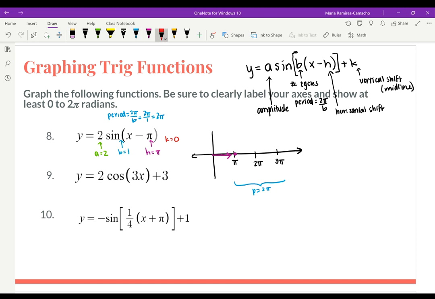The midline is at 0, so we're not going to be shifting this graph up or down, just to the right. And my amplitude is 2, so I'll scale my y-axis out to 2 and negative 2. So this is what my wave is going to look like.